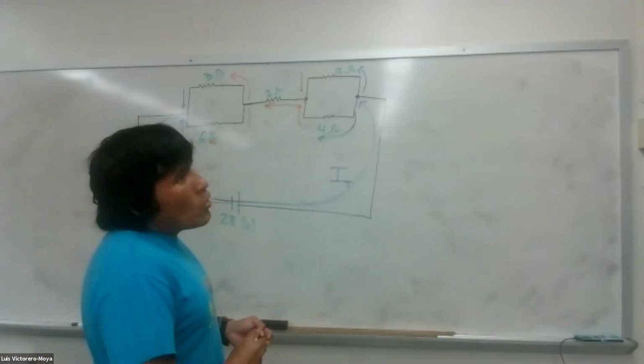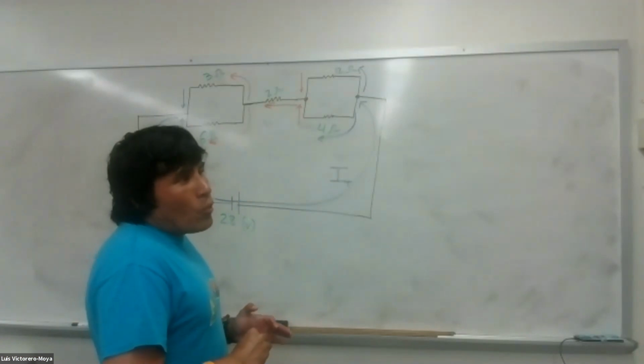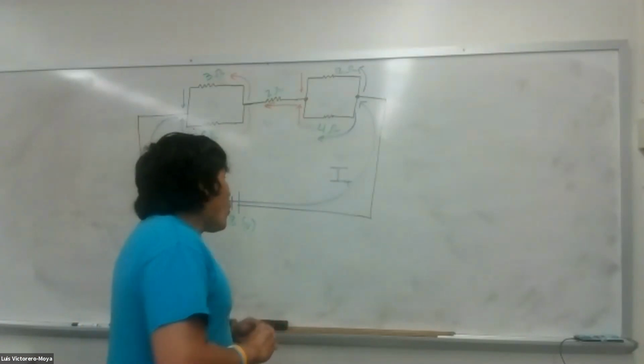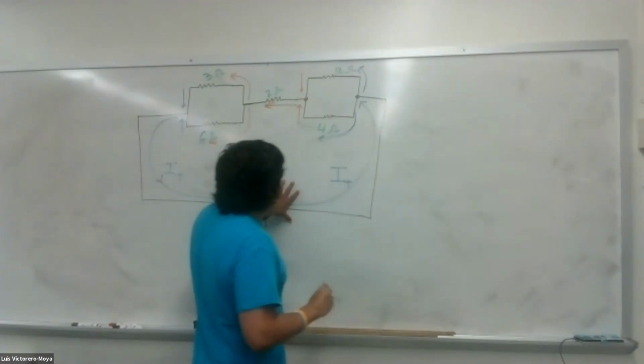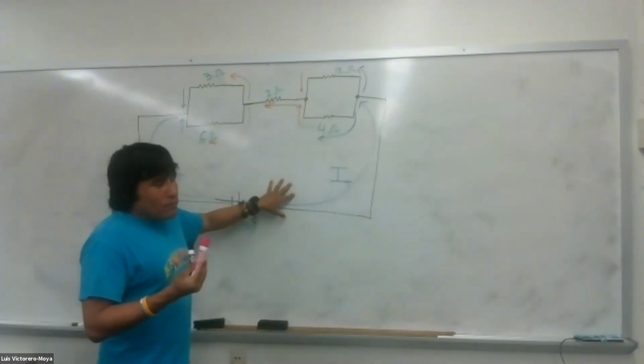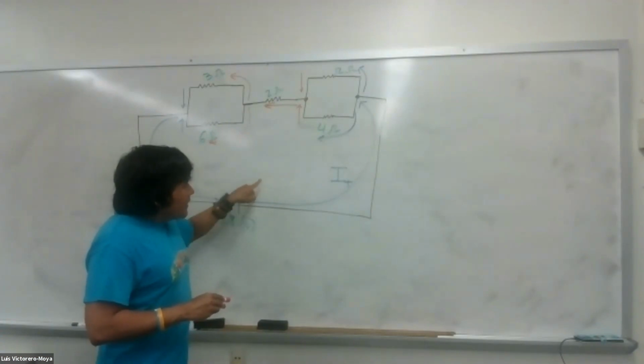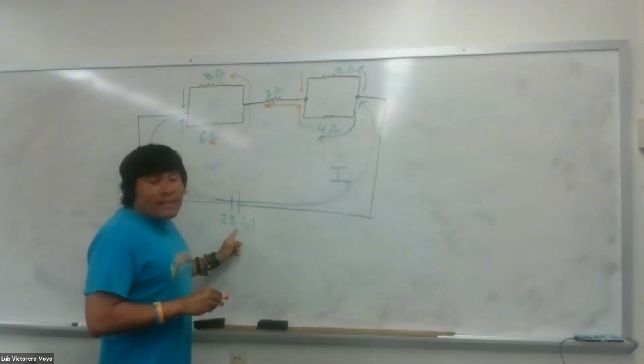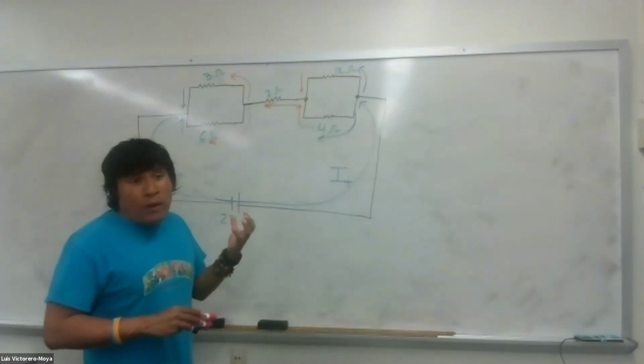So we will get close to more realistic circuits when we go into Kirchhoff laws. One difference that we will be doing in Kirchhoff laws next week, or maybe even tomorrow actually, is the fact that we normally have more than one battery, more than one power supply.